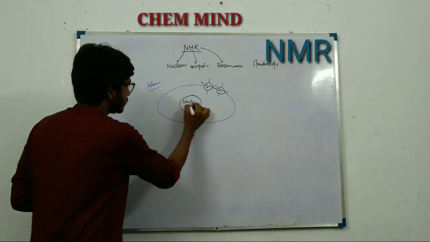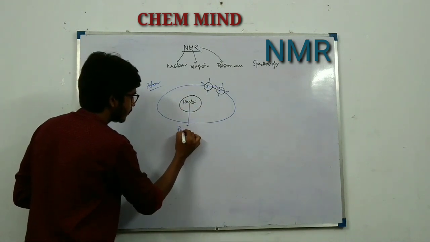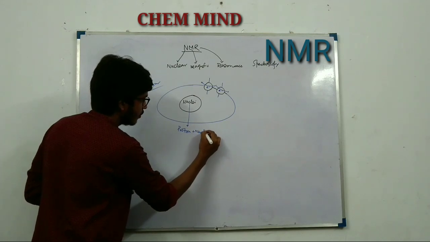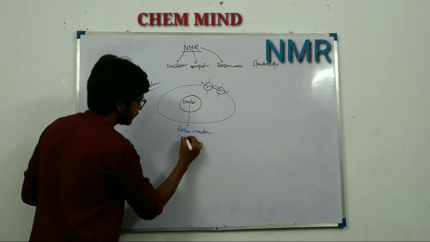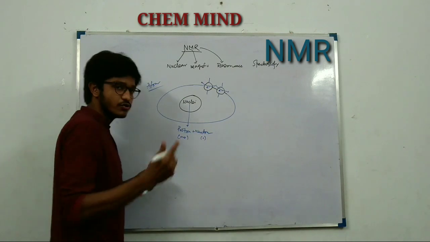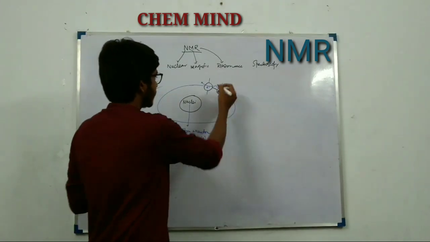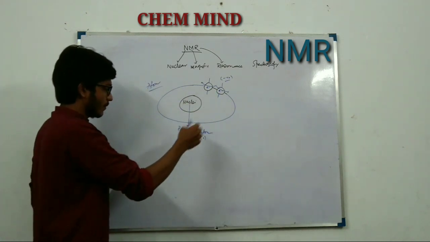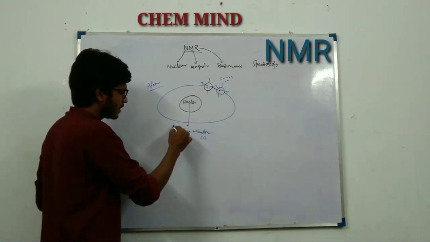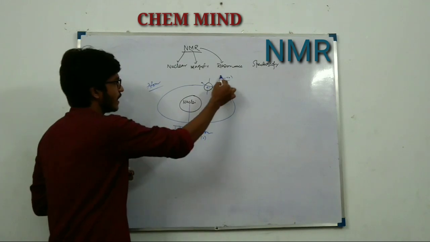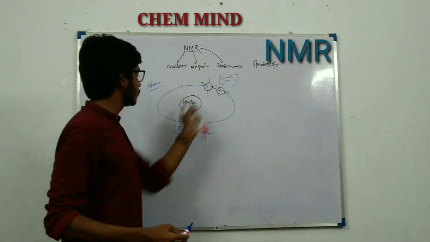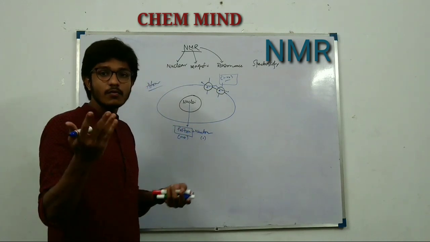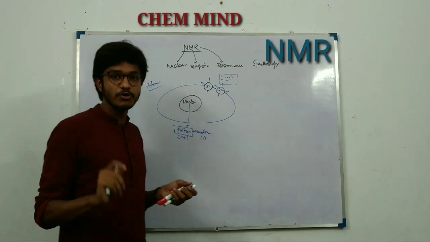Now, this nucleus is made up of 2 moieties, the proton and the neutron. We all know that the proton is positively charged, the neutron is neutral, and the electron is negatively charged. Later on we will discuss how this proton and electron give the positive and negative charge, where the upward and downward theory is responsible.